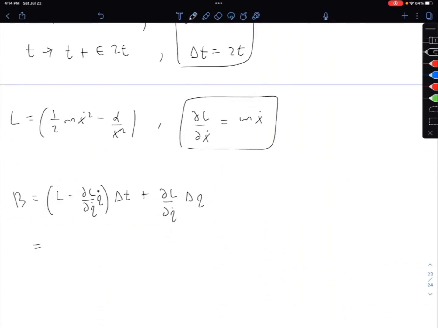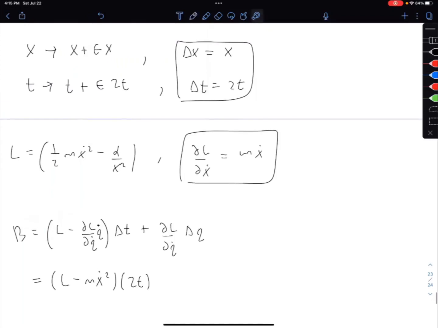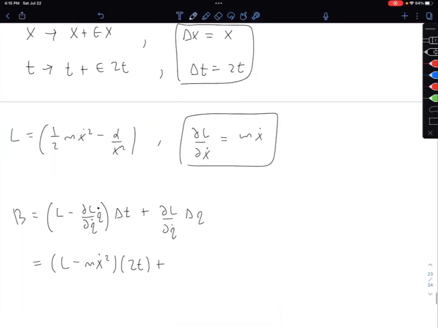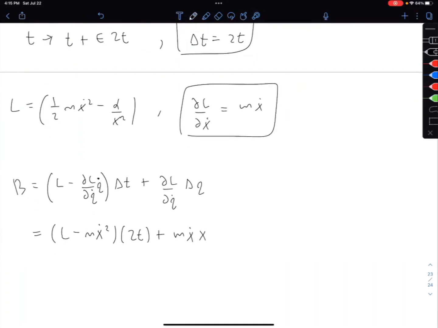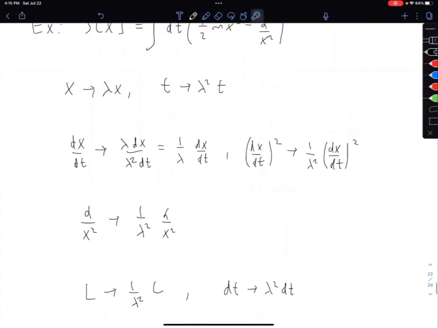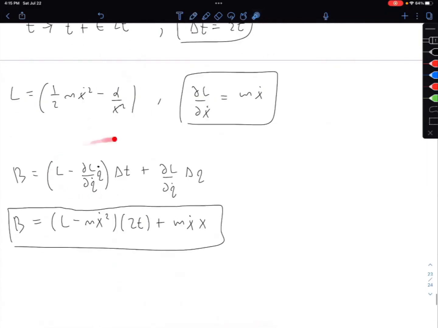It is going to be L minus x dot squared times 2t, because delta t is 2t, plus x dot times x. This complicated looking thing is my conserved quantity. You can see that the Noether procedure lets you write down a conserved quantity that looks very complicated, but it's really simple because you just apply this formula.